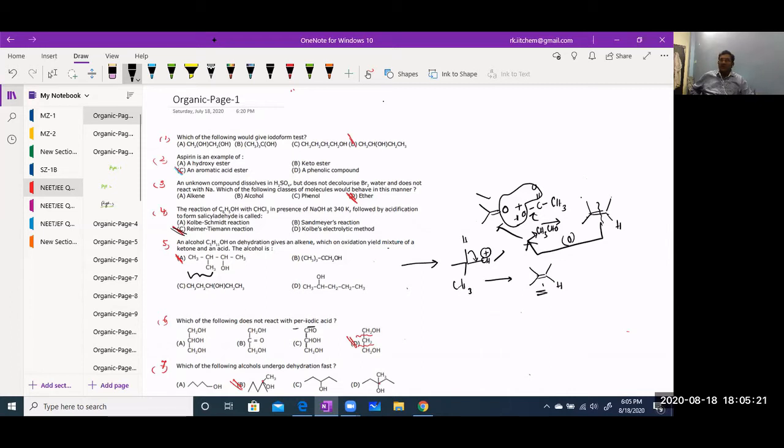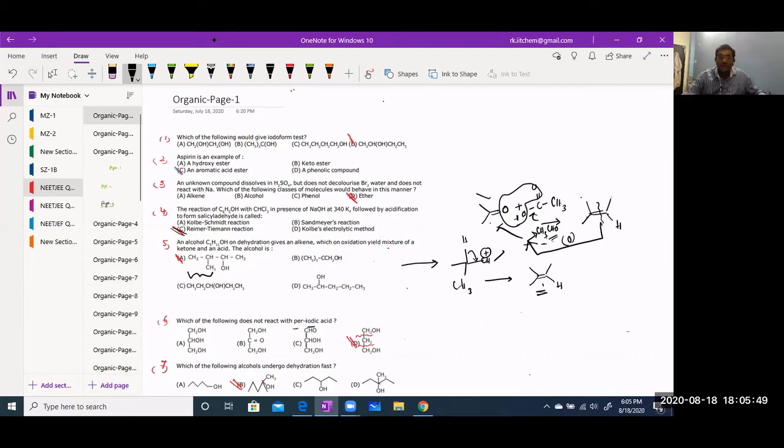You are getting an alkene, this 2-methyl butadiene, that upon oxidation gives acetone and acetaldehyde. This acetaldehyde is going to give us acetic acid on further oxidation. Clear? Oxidation of ketone is very, very difficult over here. And that's one. Let's move to the next question.